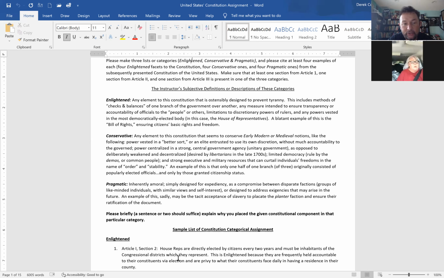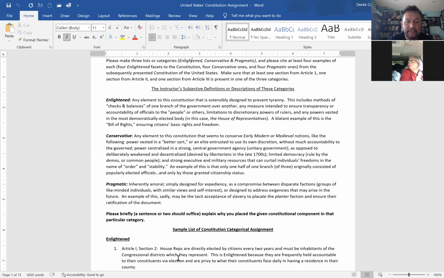Conservative is that technically you're conserving something that historically has long been a traditional norm. So centralized power in a central government entity rather than state power or regional power. Centralized power, I think, is an example of conservative. An institution as old as slavery would be an example.